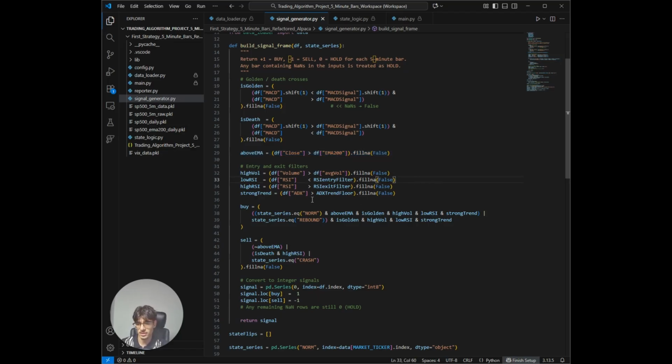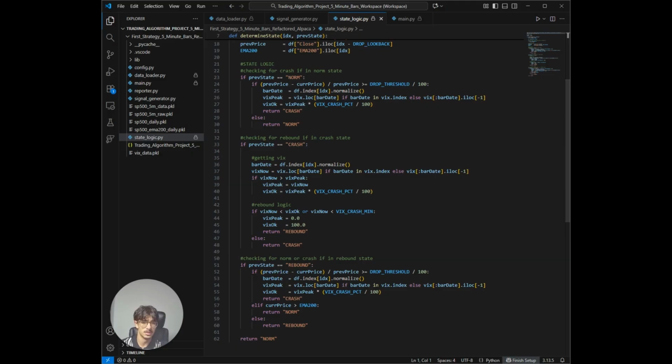We also want the trading volume to be higher than average, and we want the RSI to be below a certain threshold. These are just a few examples of the filters that we're using here. The whole idea behind these filters is to ensure that the algorithm only trades in very high probability conditions. This reduces a lot of noise from the short-term fluctuations.